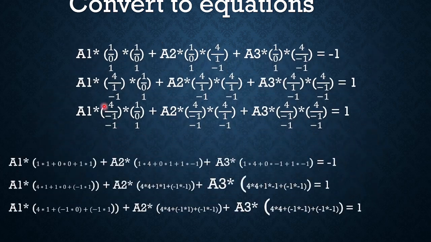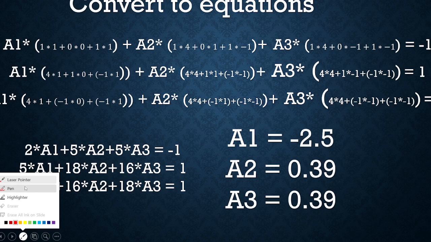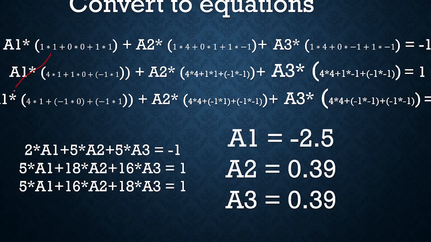Then let us see, after putting this equation: 1 into 1, 0 into 0 plus 1 into 1. 1 into 4, 0 into 1 plus 1 into -1. Like that you have to put all the equations. So this is the internal form of these equations. If you expand it, you will be getting the values 2a1 plus 5a2. 1 into 1 plus 0 into 0 plus 1 into 1, that will be 2a1.